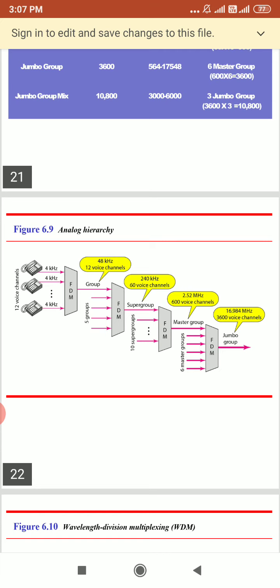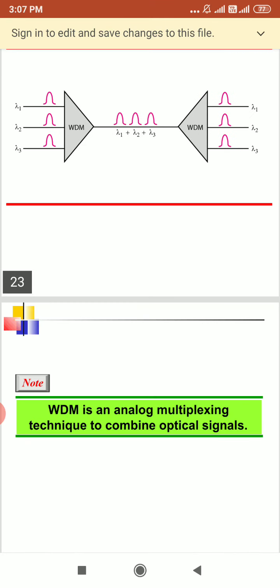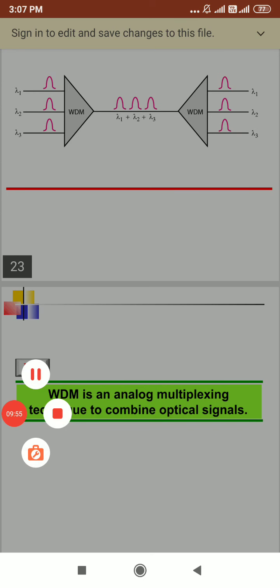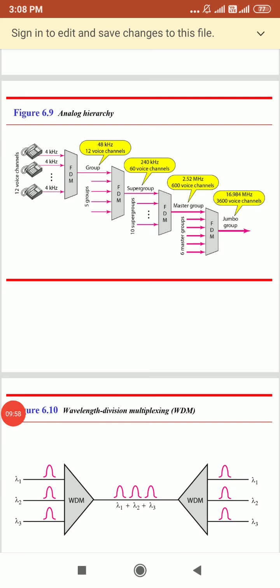So if you are talking about the first group after the TDM, the first time slot, you can call it the T1 carrier. PCM voice or multiplexed data will have a speed of 1.544 megabits per second.